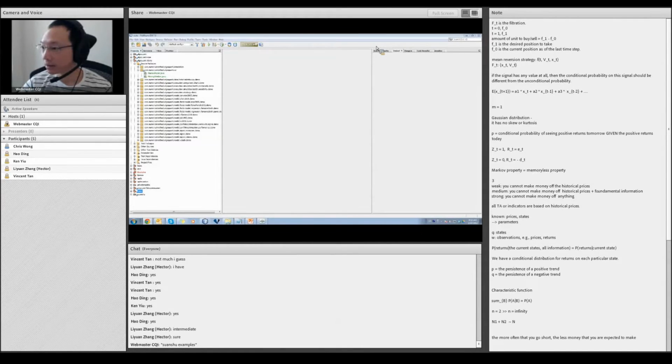If you go to this website, are you able to go to this website? Do you see the source code for doing the Markov model?